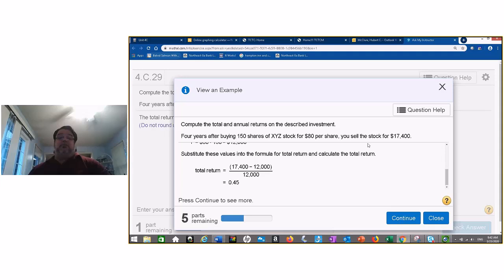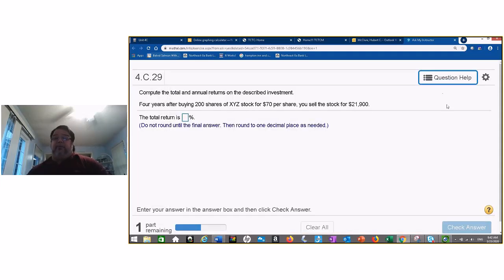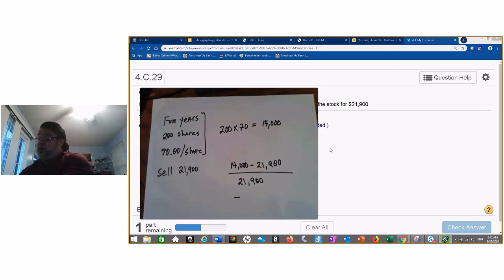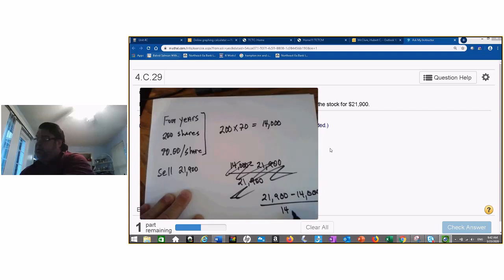Okay, you're right. 17.4 is the new. I'm sorry, my bad. So let's mark this off. Let me get my screen back. So that's not right. So it'd be 21,900 minus 14,000 over 14,000. Somebody give me that number.